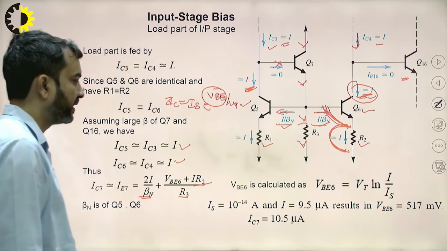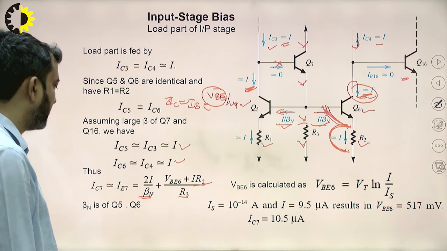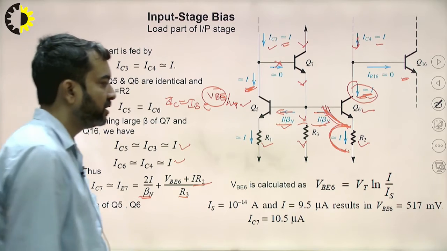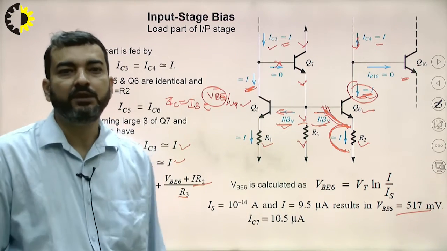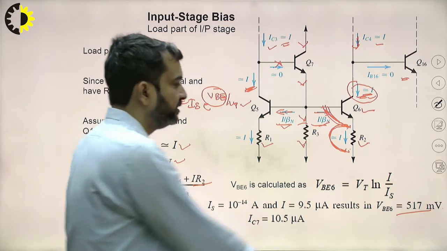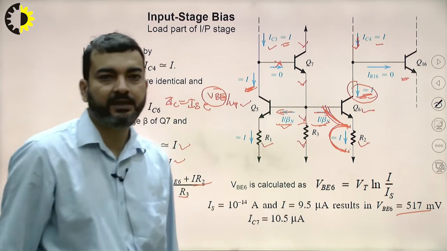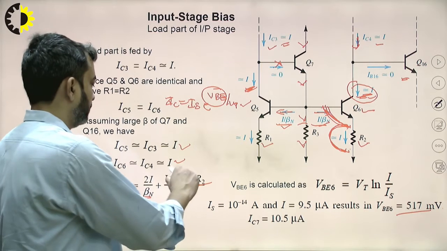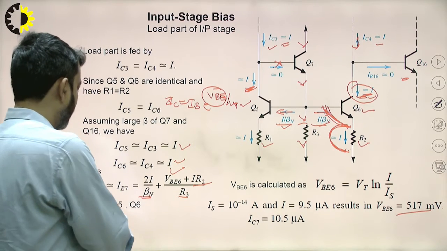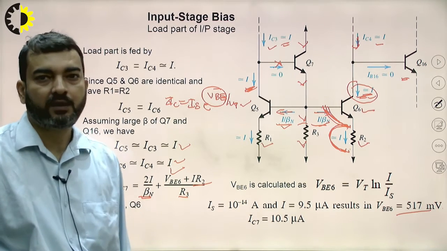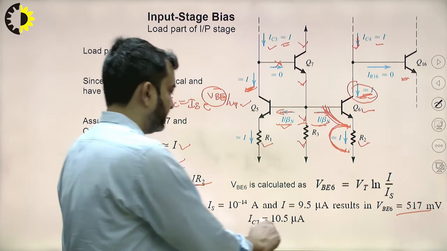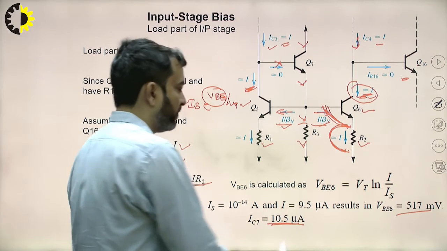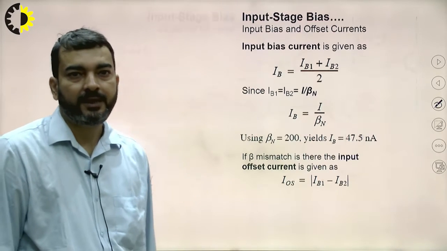Calculating the base emitter voltage of transistor Q6, this comes as 517 millivolts. Putting this value of 517 millivolt, we can calculate the collector current of transistor Q7. This will come as 10.5 microampere.